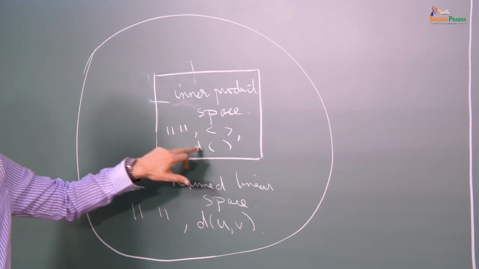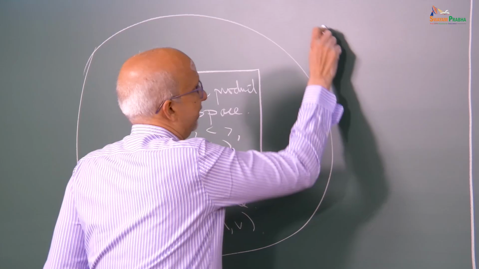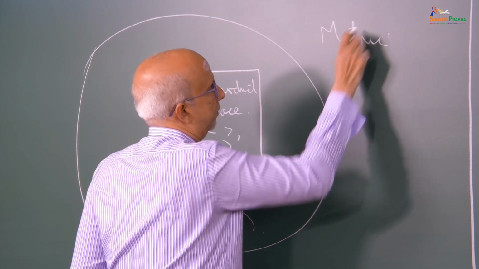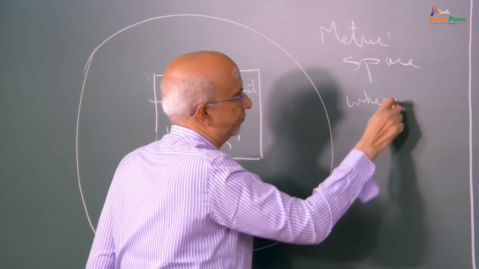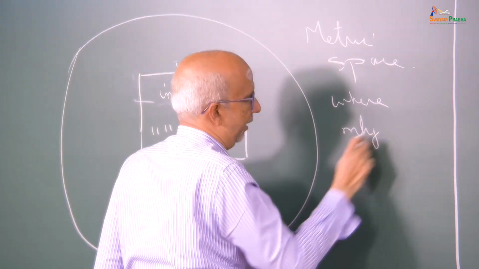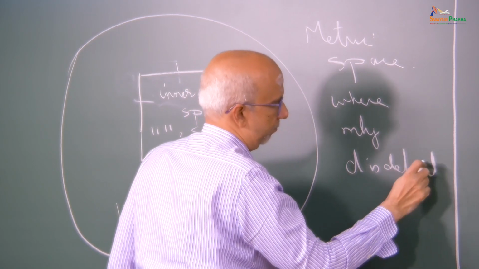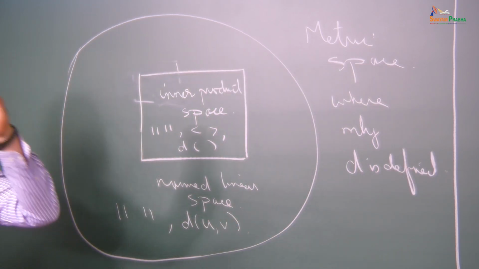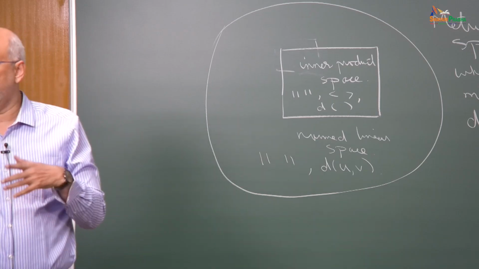Inner product includes both of these, and outside I have, let us say, a metric space where only D is defined. So, in the metric space I may not have norm, I may not have inner product.